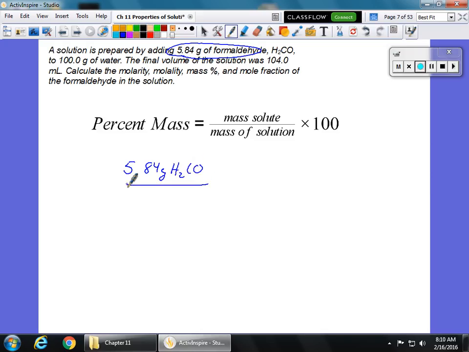If we look up here, we're adding it to 100 grams of water, which means the total solution is going to be the 5.84 grams of the H2CO, the formaldehyde, added to the 100 grams of water. Multiply by 100 to make it a percent, and that's going to give you 5.52%. You'll see that I'm writing that with 3 significant figures, and that's what I was given, the smallest number in the problem, the 5.84.